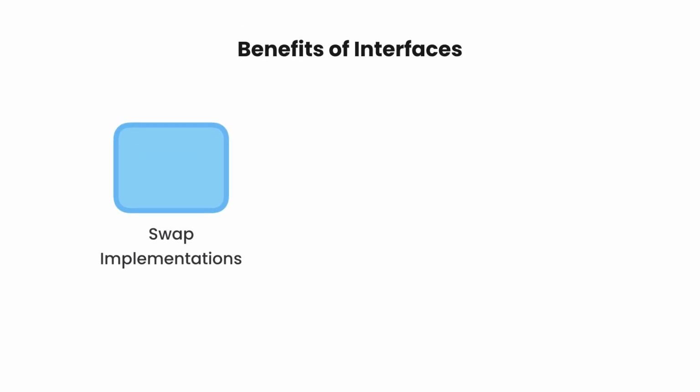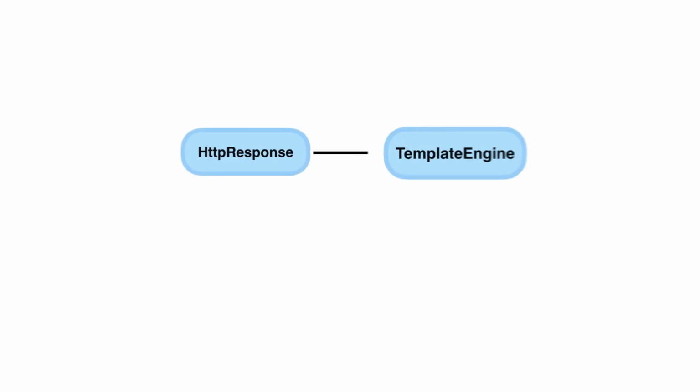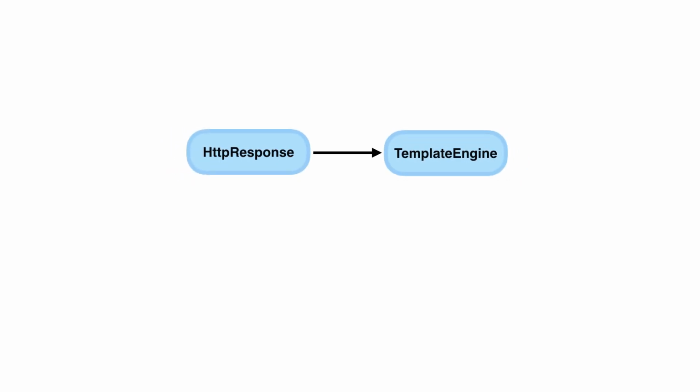Another benefit of using interfaces is that you can easily extend your applications, again, with minimal impact. This is particularly useful if you're designing a framework for others to use. For example, let's say you're building a framework for building web applications. Your framework should have a templating engine. You should be able to parse some HTML templates, put some data there, and return a response to the client.